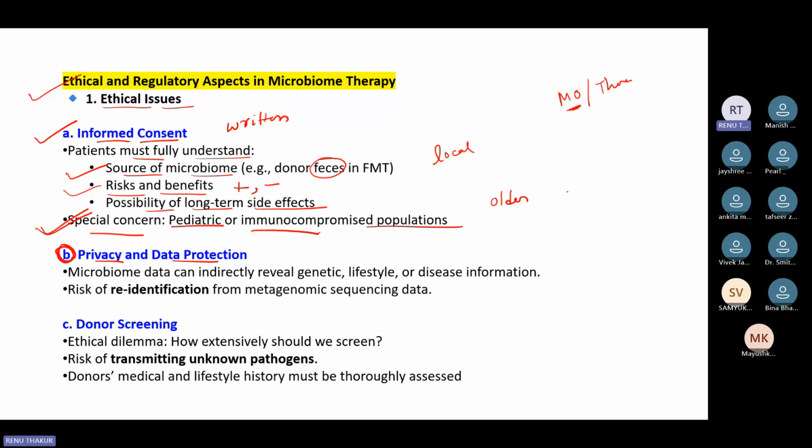Suppose this is the data of a person XYZ, with their liver profile, kidney profile, and all those things. You cannot reveal this in a public database mentioning his or her name, because this is my private report. How can I reveal my private report to anybody?